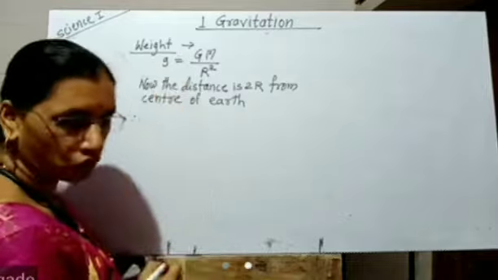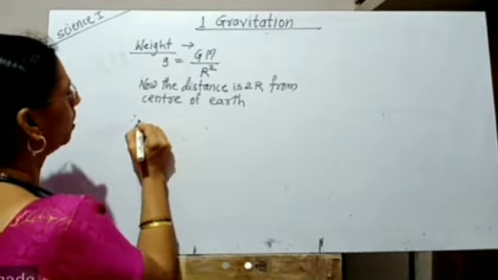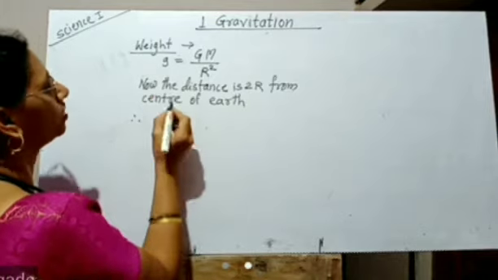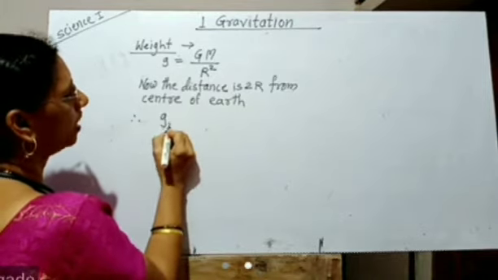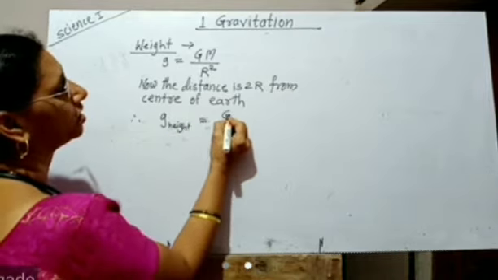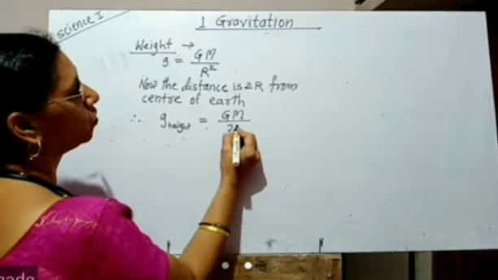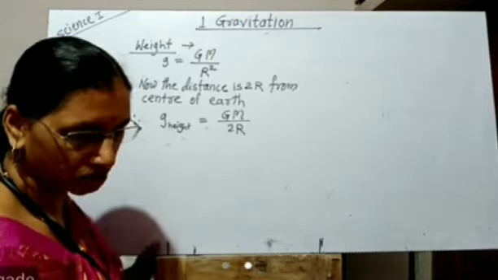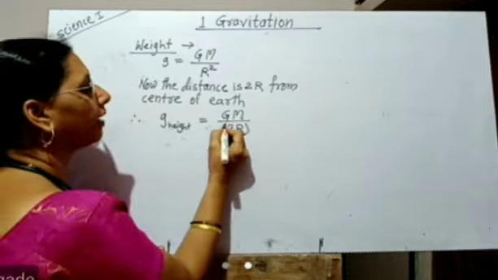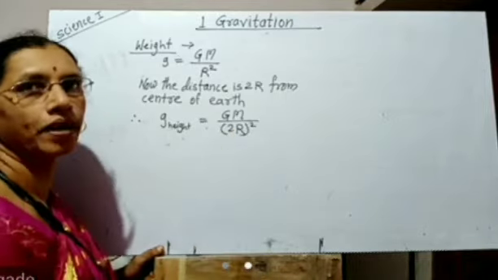Therefore, we have to calculate g. We have to write the formula for g at height. We can write here g capital M divided by the distance, which is 2r, so according to the formula we can write here (2r) square.